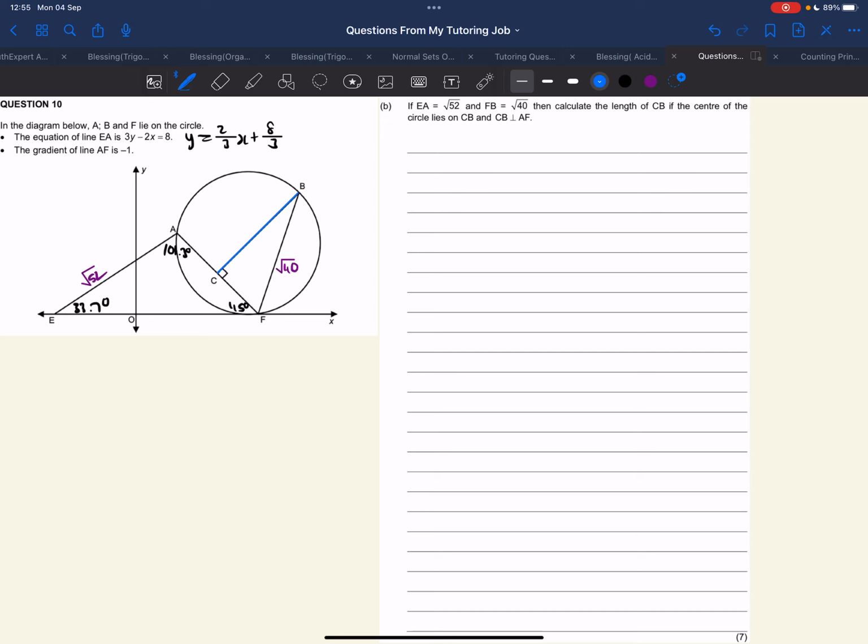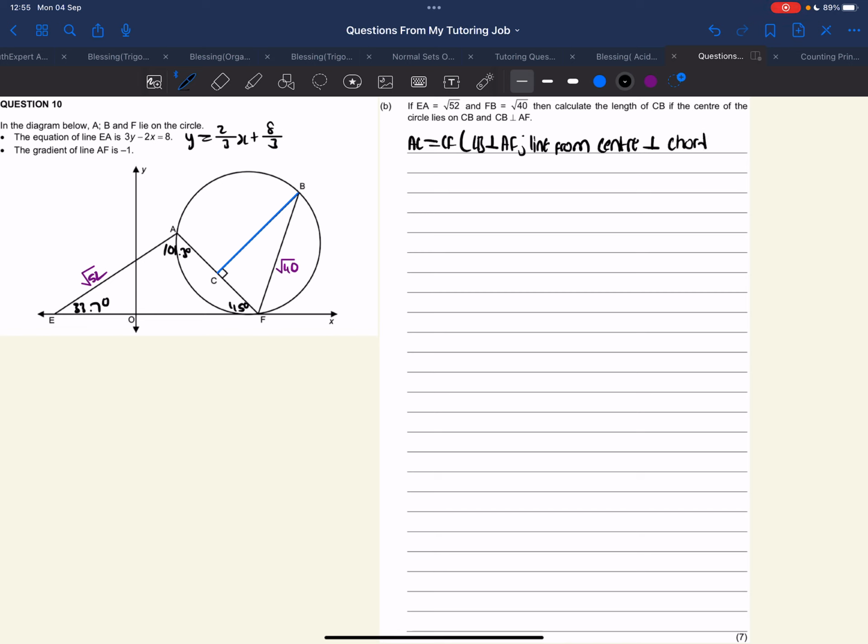Now, if that is happening, it just means that AC is going to be equal to CF, and the reason for that is CB is perpendicular to AF. They normally refer to this reason as line from center perpendicular to chord.